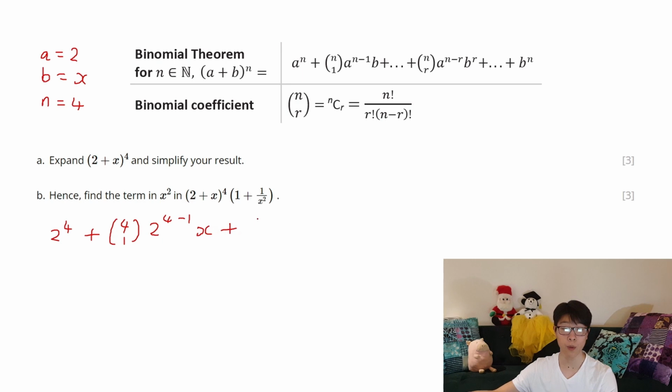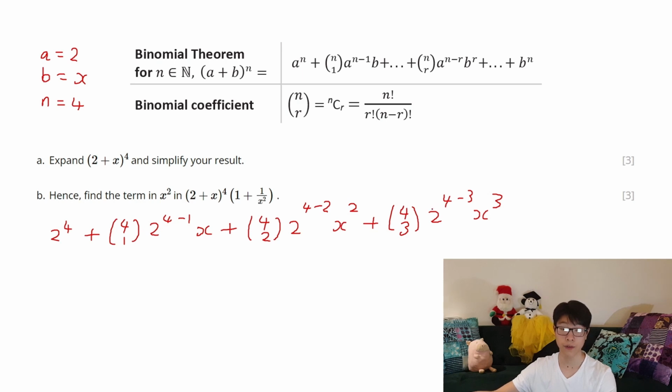Now we raise r by 1, so we get 4C2 multiplied by 2 to the power of 4 minus 2. So our r here, 4 minus r, will increase from 1 to 2, and x to the power of r will be x squared. And we continue. 4C3 multiplied by 2 to the power of 4 minus 3 multiplied by x to the power of 3.